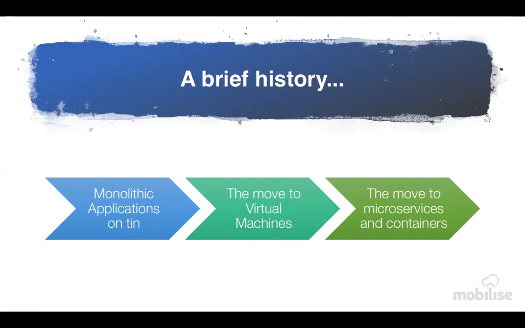The move to virtual machines meant that businesses could downsize their infrastructure and reduce costs in data centers. It didn't, however, solve the application problem. Since then, a new way of designing and building applications called microservices has ushered in a large change in the way applications are architected and deployed. The idea being that instead of having one large application, the individual components are split out, decoupled, and deployed independently of each other.